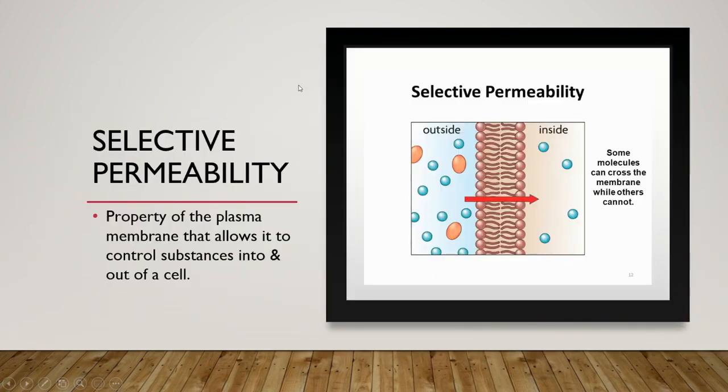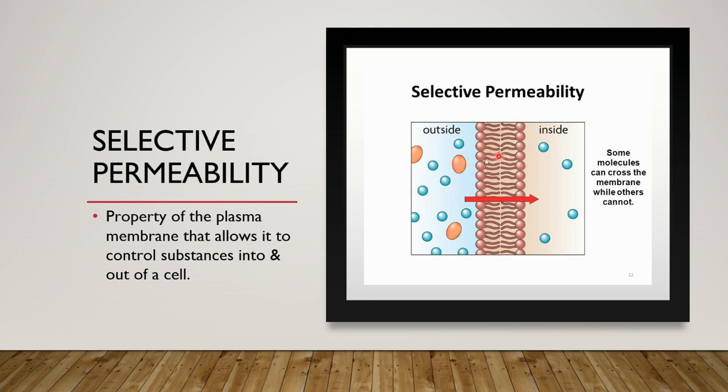One thing we need to know about the cell membrane is that it is selectively permeable. Selective permeability is a property of the plasma membrane that allows it to control substances into and out of the cell. It is very consistent in what happens. As you can see, the blue molecules are easily able to pass from the outside of the cell to the inside of the cell. And if you notice these orange molecules, they are a little bit bigger.